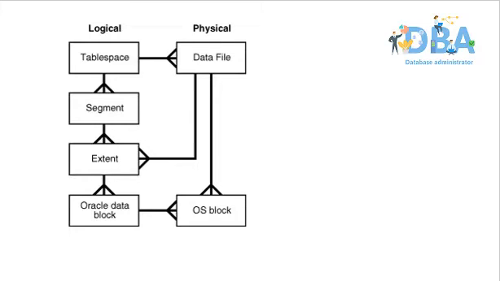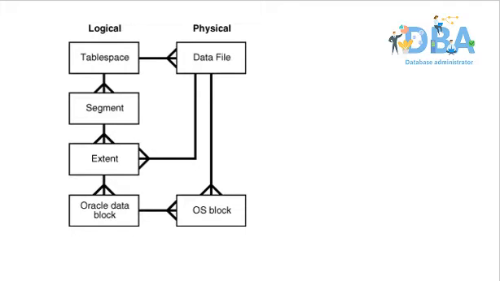Before we move to the physical level representation of the storage units, let us focus more on the logical structures. So these logically organize the data that are physically stored in the data files.